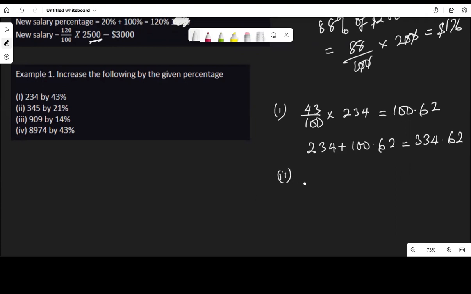And for the second one, I'm going to add the 21% to 100 and then multiply whatever I have by this value here. So 100 plus 21% is 121%. 121% is 121 over 100 multiplied by the quantity, which is 345 rather.